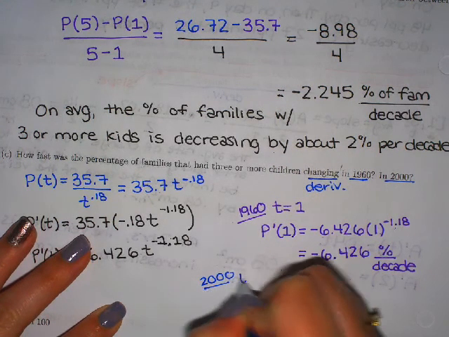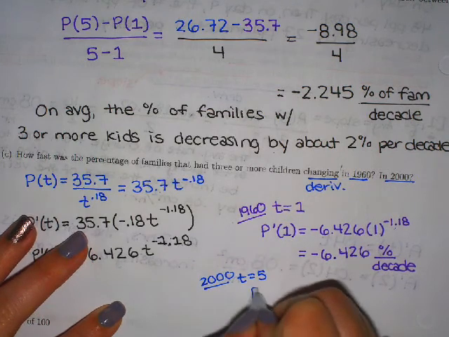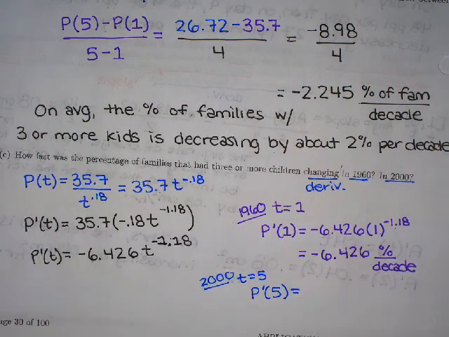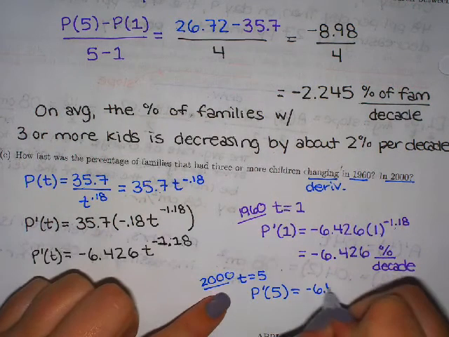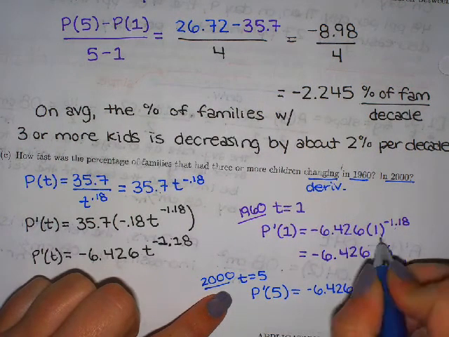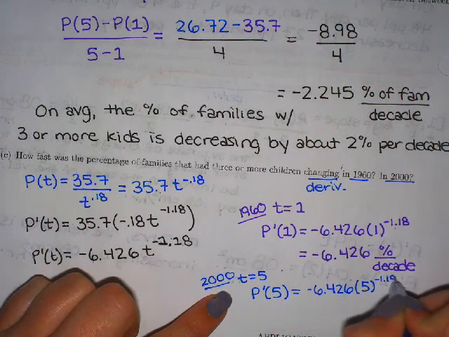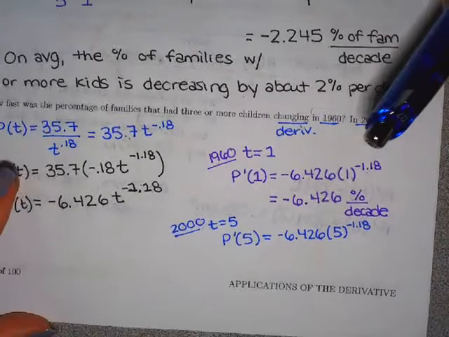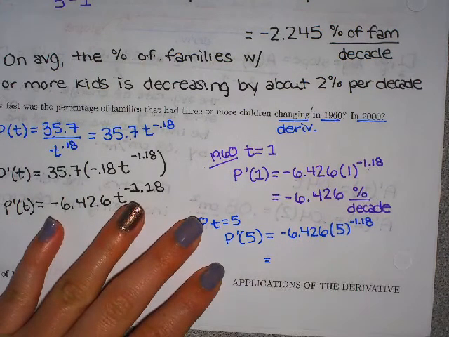And comparing that to 2000, which was t equals 5 from above, we're doing p prime of 5. So you're grabbing your calculator, you're saying negative 6.426, and we're replacing it with a 5 this time instead of a 1 to stand for 2000, to the negative 1.18.